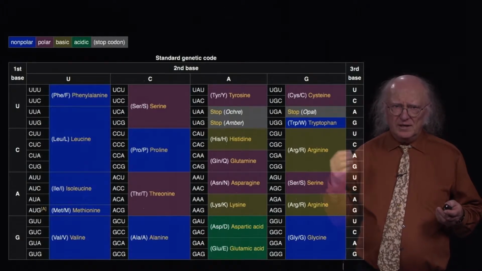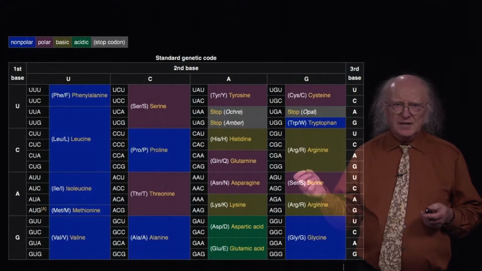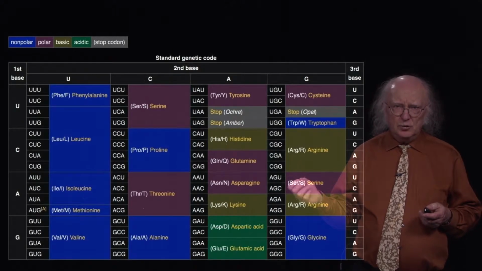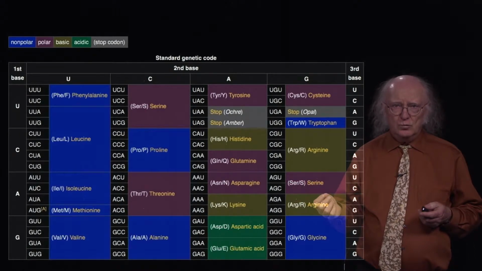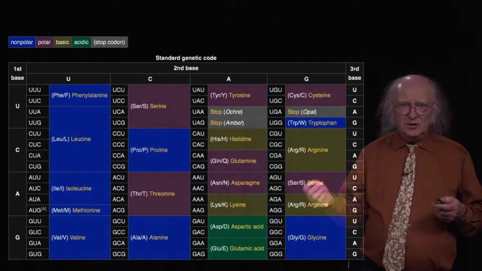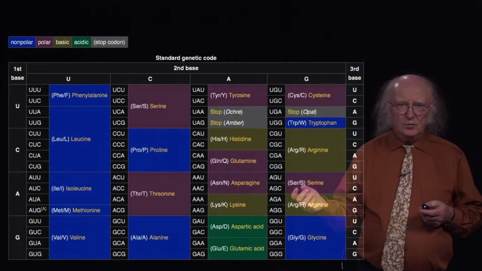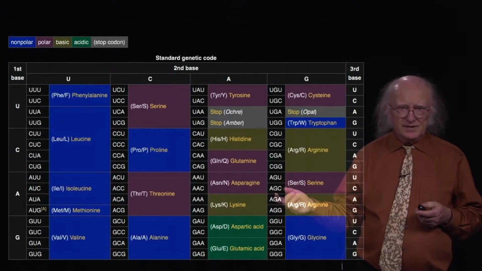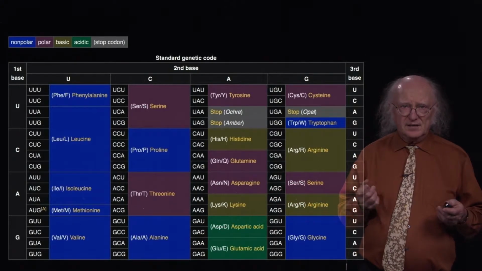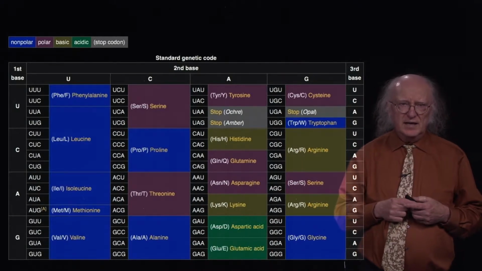A redundant code means multiple codons all can specify leucine. Leucine can be specified by CUA, CUG, CUU or CUC. In other words, it doesn't matter after the CU what nucleotide is present. It still specifies leucine. And we see this is very common for several of the amino acids in the genetic code.